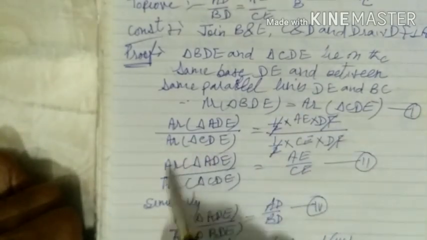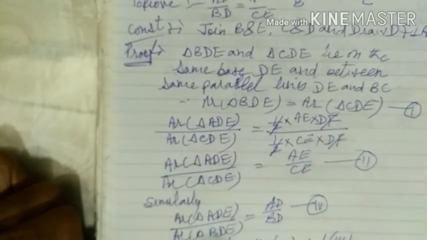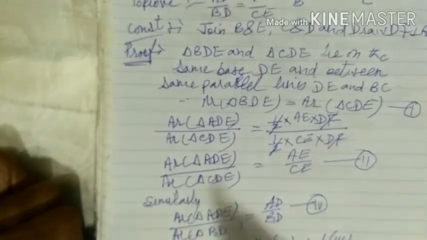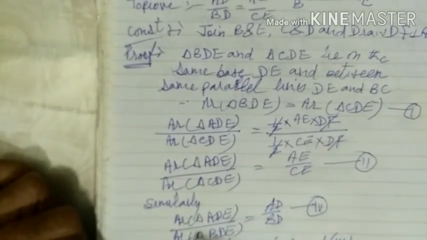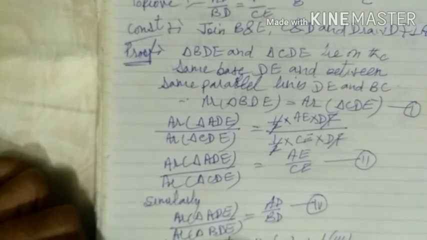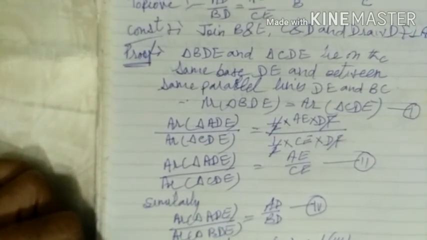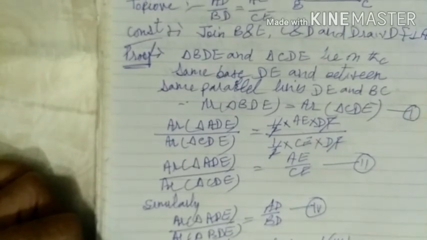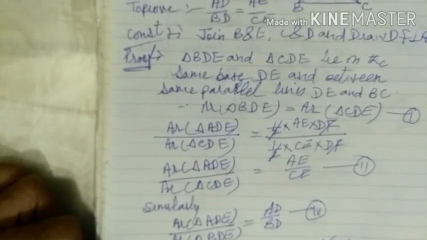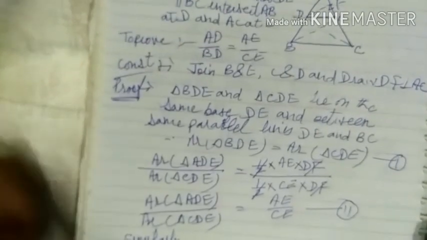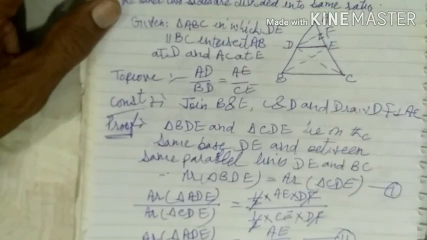So therefore left side of equation 2 is equal to left side of equation 3. So we can say right side of equation 2 is equal to right side of equation 3. So therefore AD upon BD is equal to AE upon CE. This theorem is proved. Thank you.